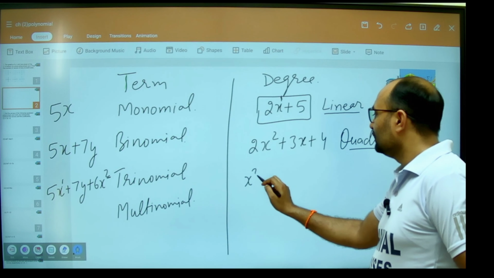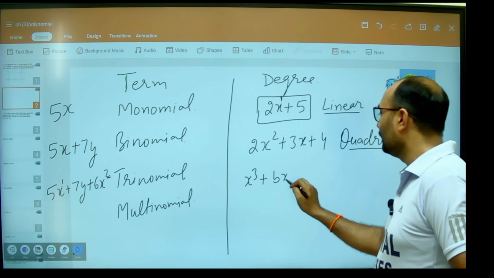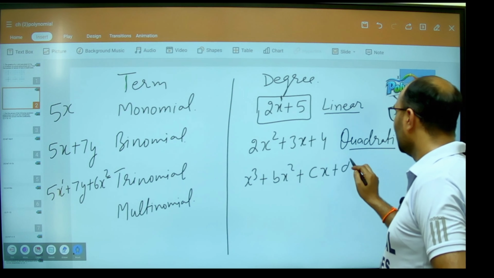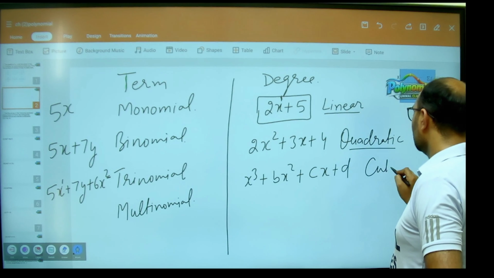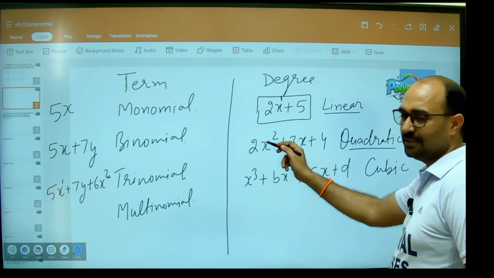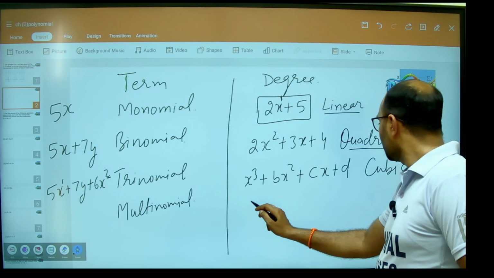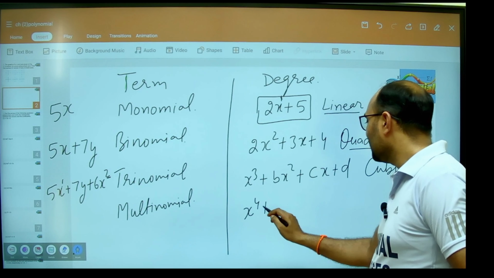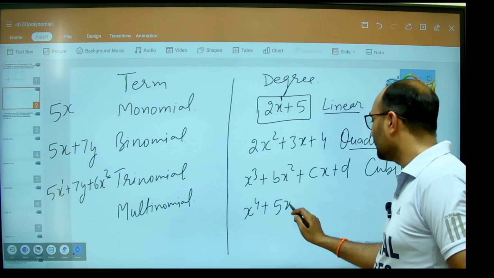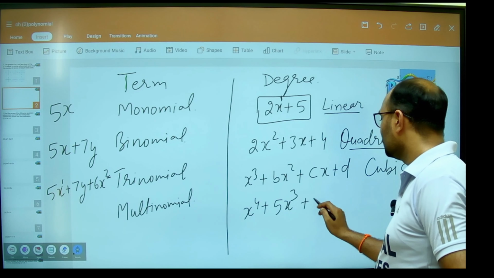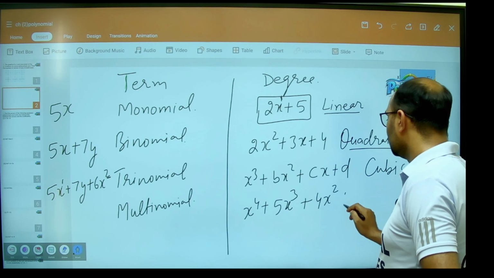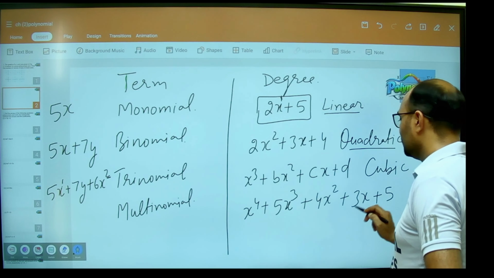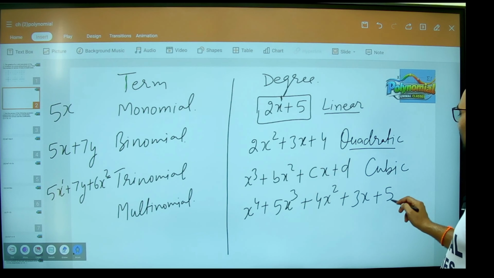x cube plus bx square plus cx plus d. This is cubic. The highest variable exponent is 3. x to the power 4 plus 5x cube, 4x square, 3x plus 5. This is biquadratic.